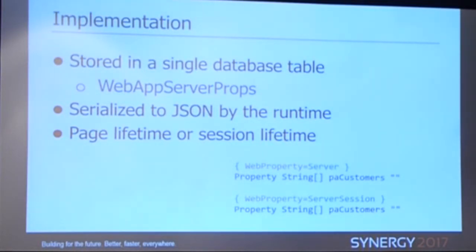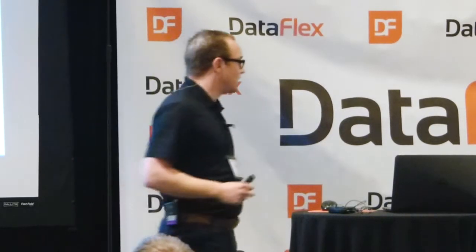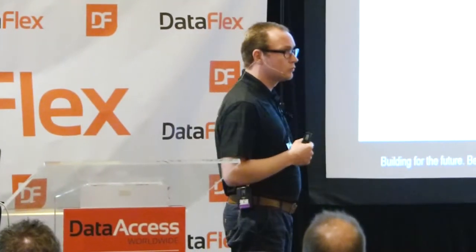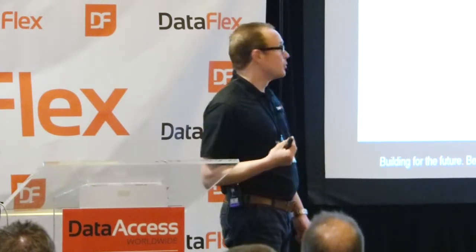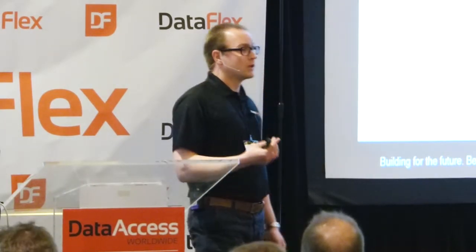As the key, it uses either the session key or a key that's generated and stored in a web property. It supports simple data types, but it also supports complicated data types like arrays and structs, just like regular web properties do since 18.0 or 1. And so it will be a nice convenient place to store data.